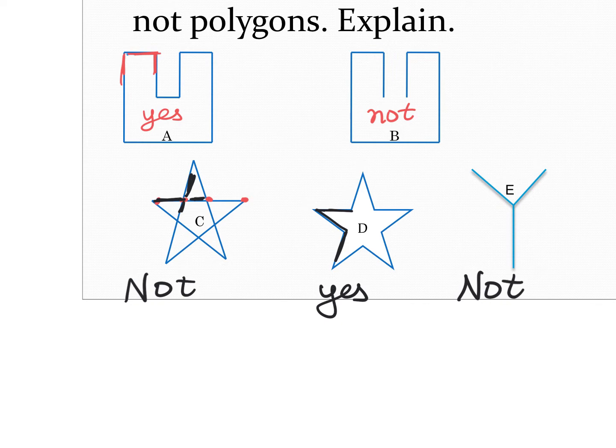Now coming up, we're going to be learning some vocabulary terms, concave and convex. Figure D here, if you notice this star-looking shape, it looks like this side is caving in. So that's one way I think of concave, but we're going to see that definition coming up in a minute.